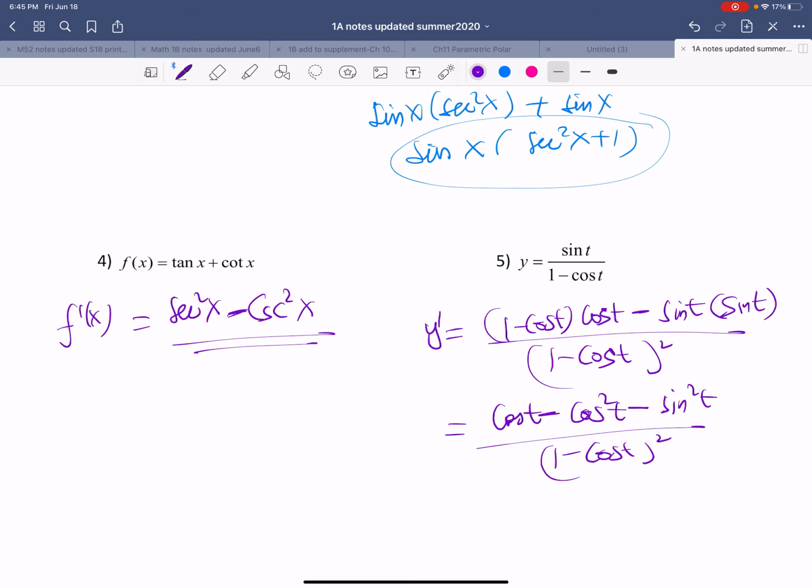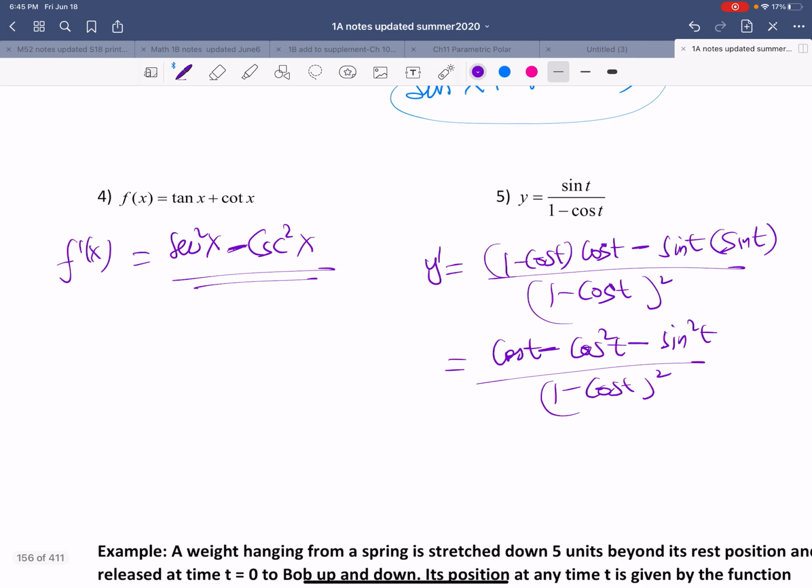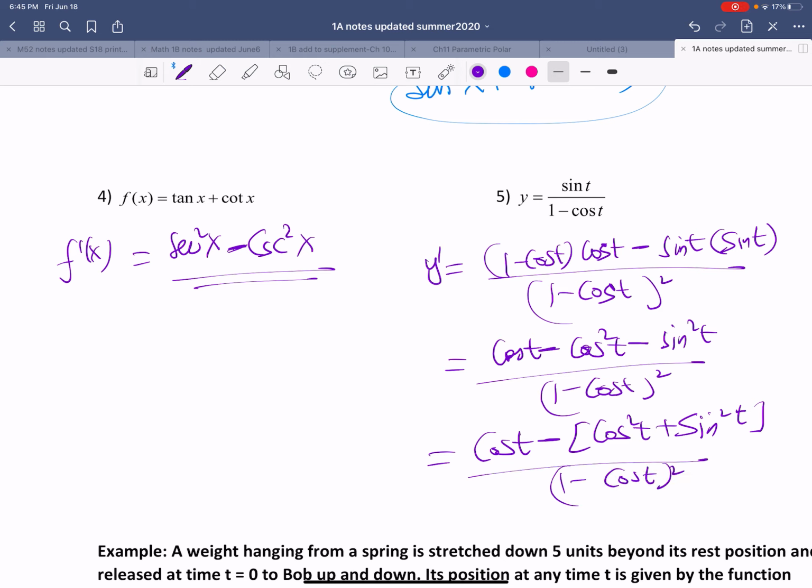Let's see if we can use any identities here. If I pull out a negative, cosine t minus cos square t plus sine square t over 1 minus cos t squared. All right, now this would be cos t minus 1 over 1 minus cos t squared.